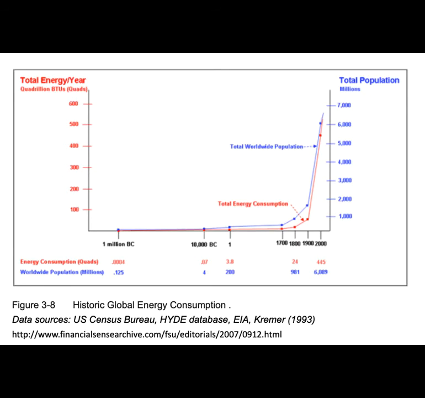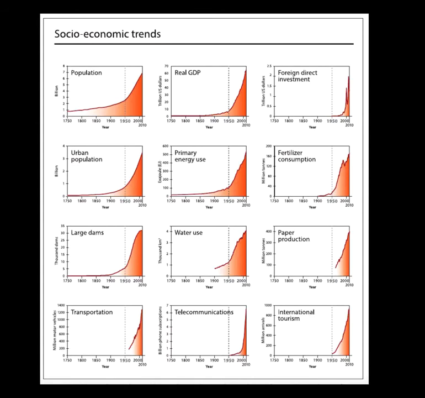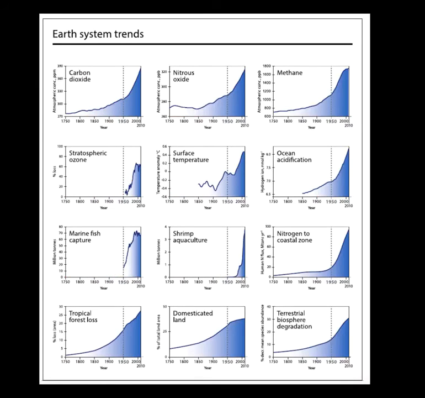And in the next set of graphs, you'll see a variety of measures of socioeconomic data, and then some data about Earth systems, and you'll see in each one a J-shaped exponential curve. We'll discuss more about this and its effects in the next video.